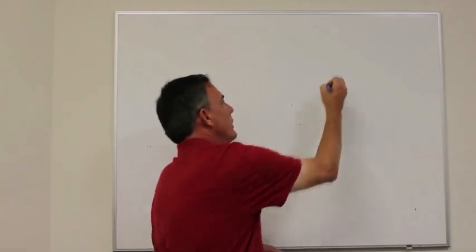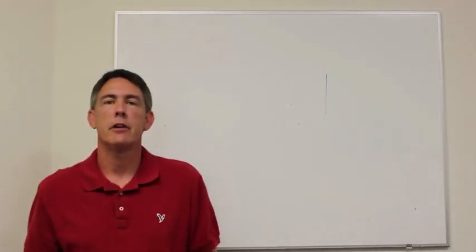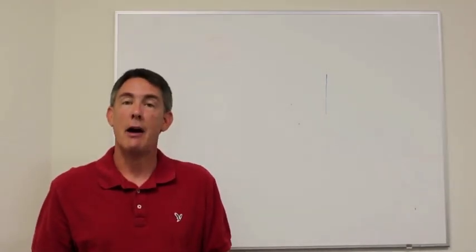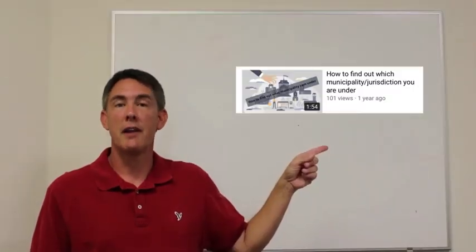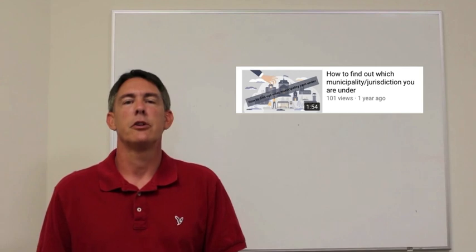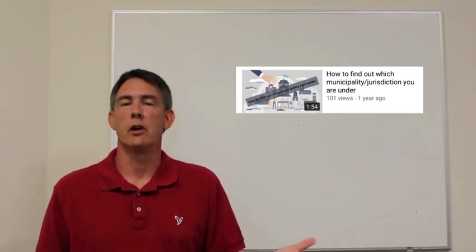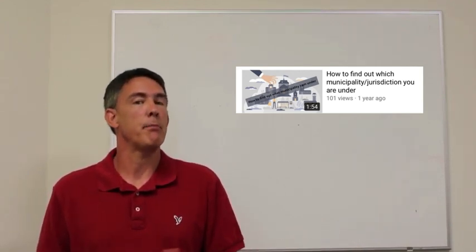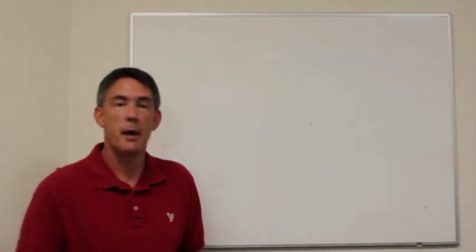Step 1. Find the jurisdiction or municipality that you are under. You'll find the link to our previous YouTube video in the description box titled How to Find What Jurisdiction You Are Under, in which we explain step by step how to do so. Step 2.